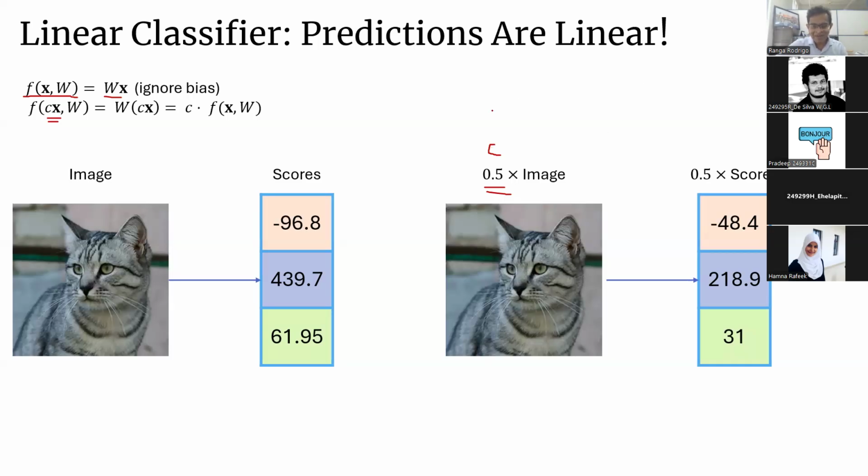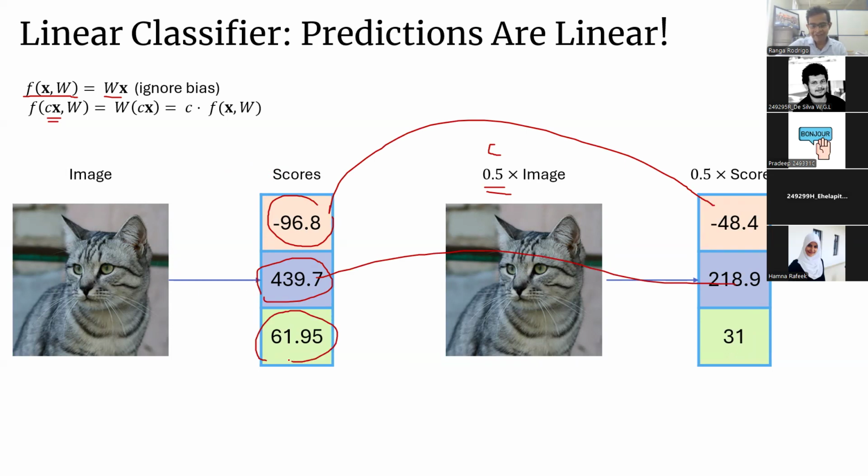Because we have multiplied by 0.5, this number will get multiplied by half. This number will get multiplied by half. This number will also get multiplied by half. So this is the thing about the linearity of the classifier. Predictions are linear.